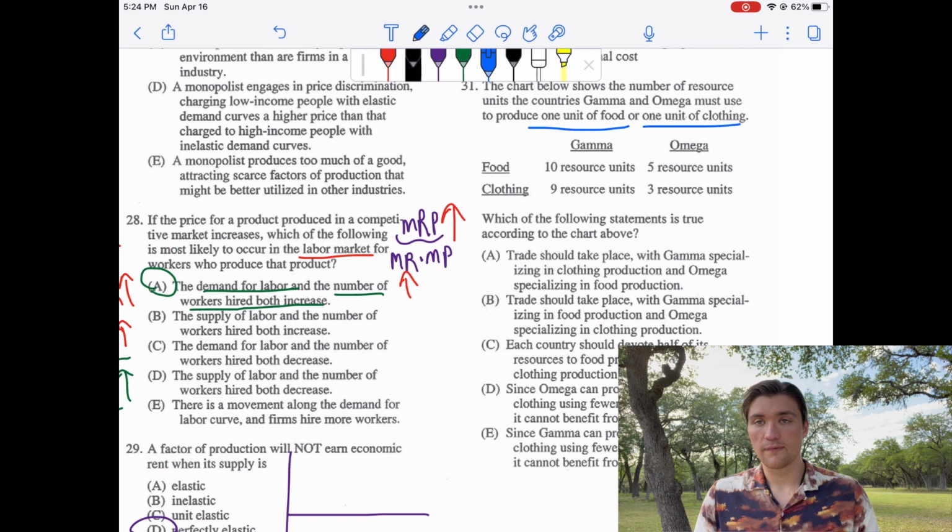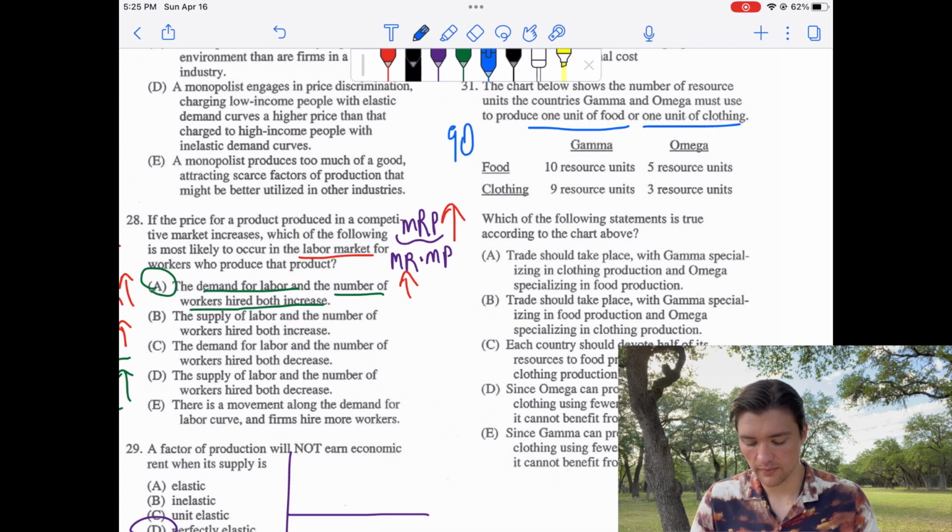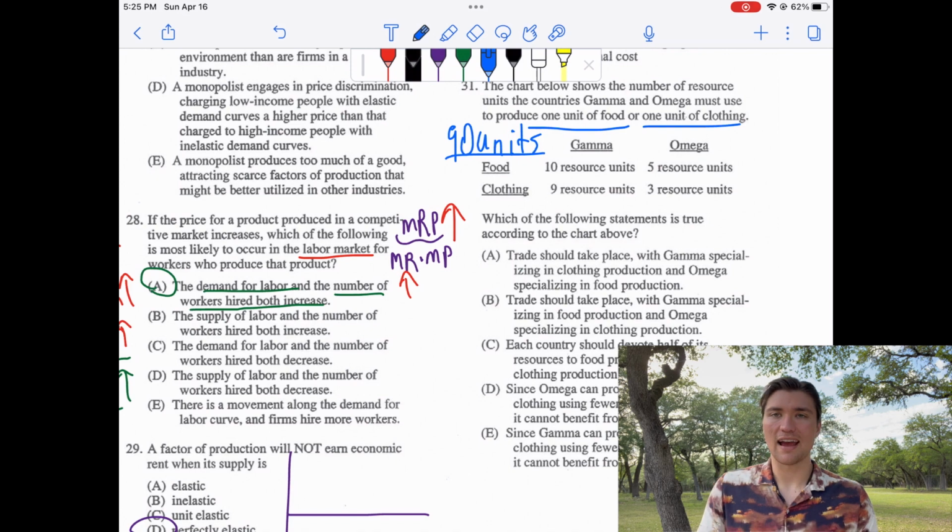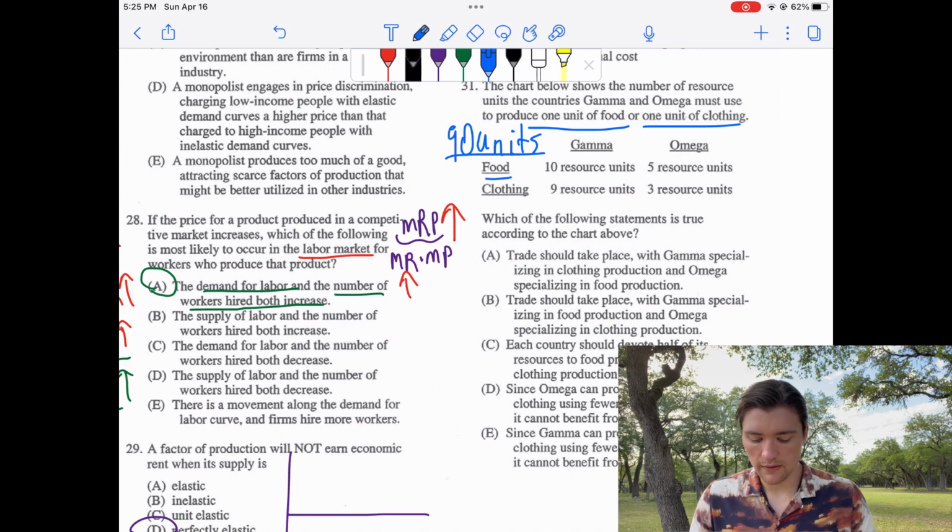So the best way to figure out how to do this is to figure out what if they both had the same amount of units. For instance, what if they both had 90 units of labor? Okay, if they both had 90 units, how many food can Gamma make?